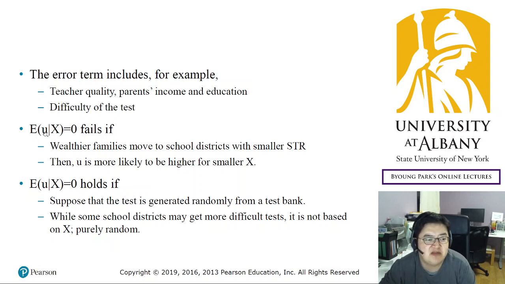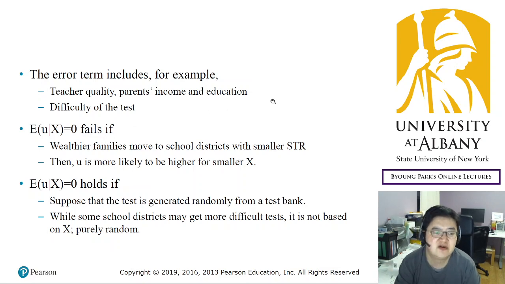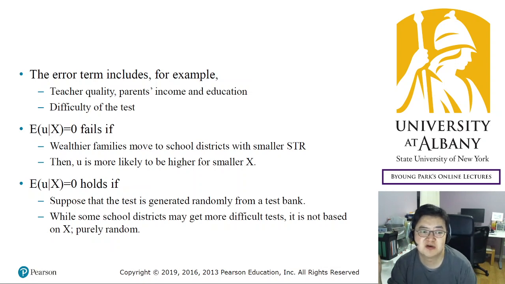So the expected value of u given x is not 0, I guess, because it is pretty clear that wealthier families have a tendency to move to school districts with smaller student-teacher ratio, right?